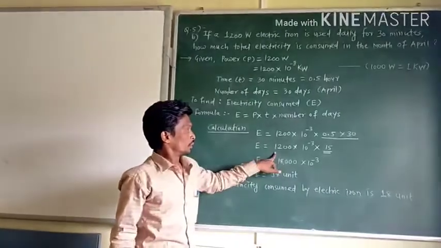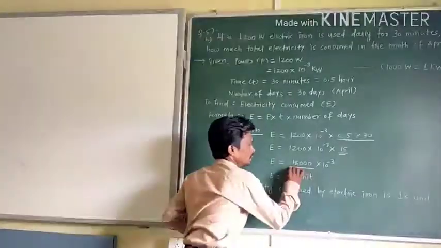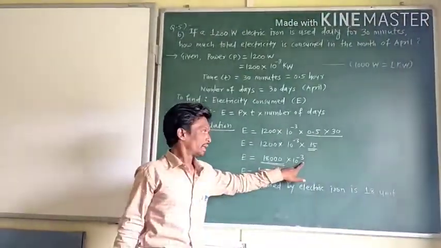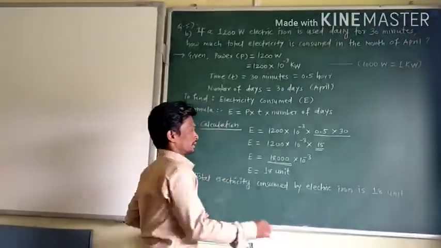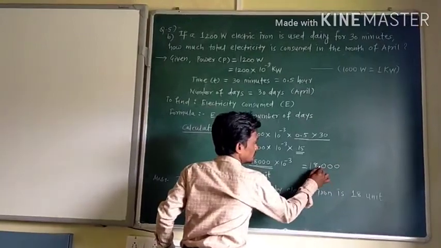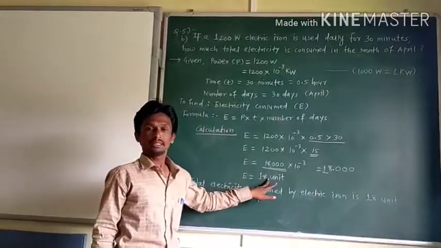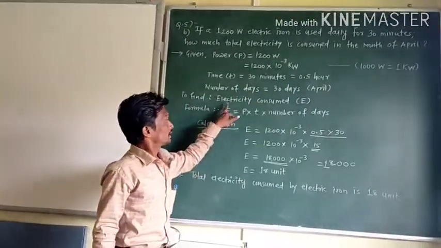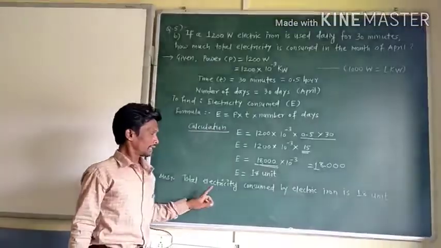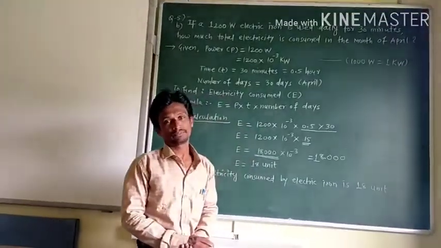Then 1200 into 15 is equal to 18,000. 18,000 into 10 raised to minus 3 means we put the decimal point here, that is 18 unit. So electricity consumed is equal to 18 unit. Our answer is total electricity consumed by the electric iron is 18 unit.